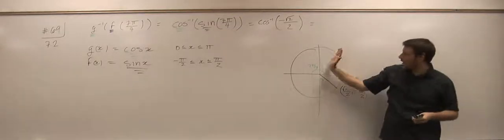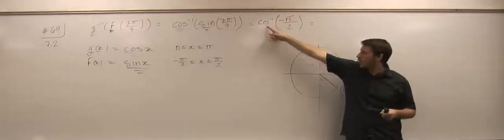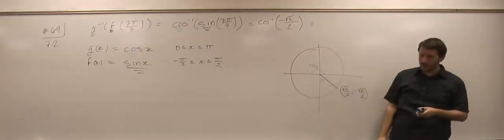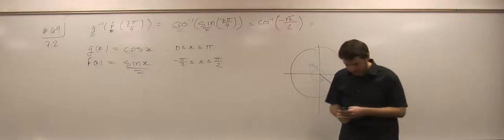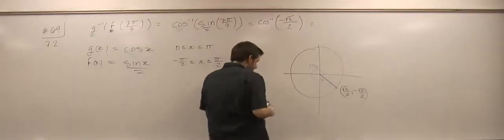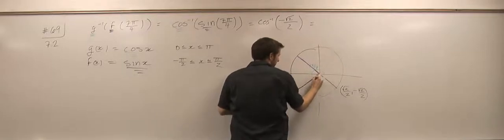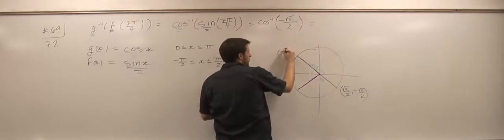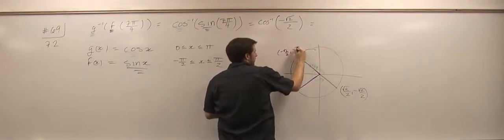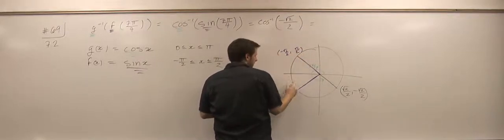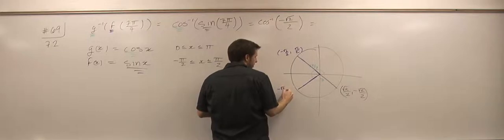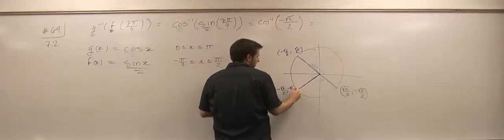Well, then you have to think on my unit circle, since I'm dealing with cosine, where is my x value? Negative root 2 over 2. So it's either going to be in the second or third quadrant, because cosine is negative in those two quadrants. And then you have to consider the range of cos inverse to pick the correct angle.